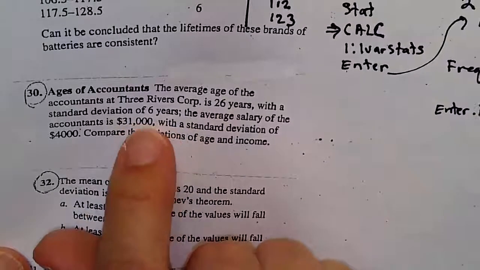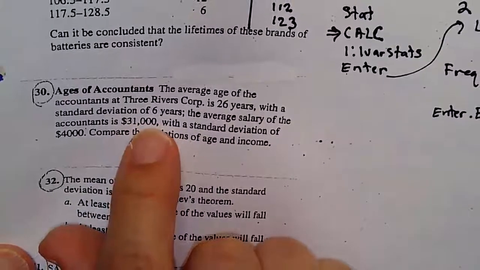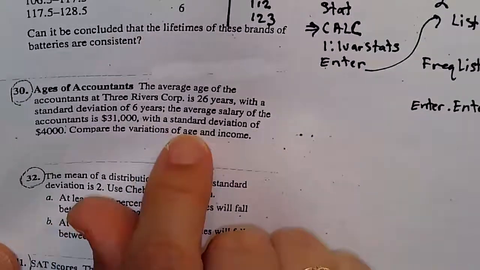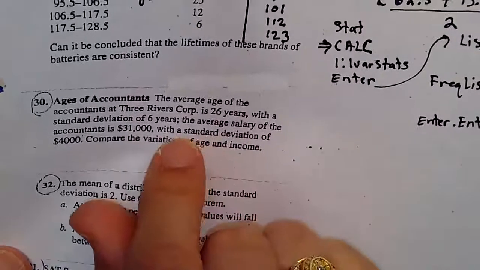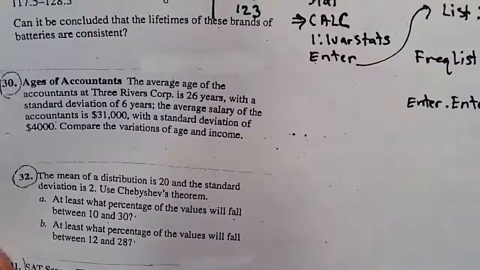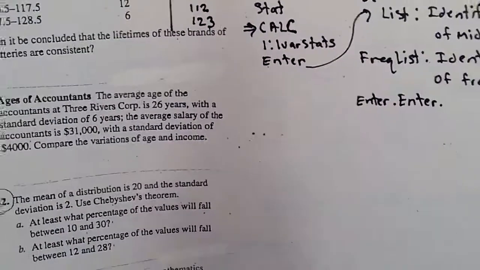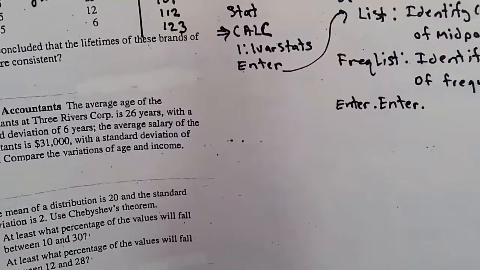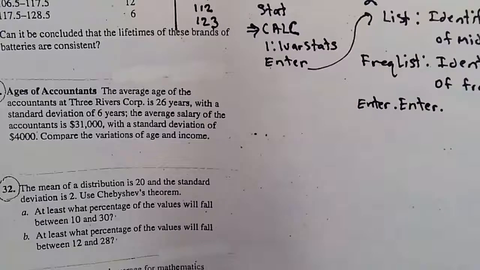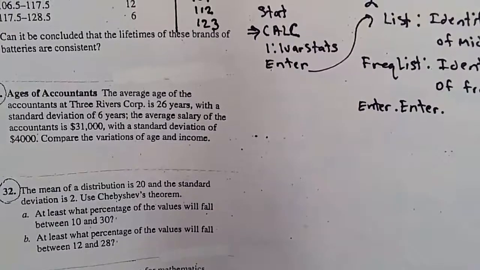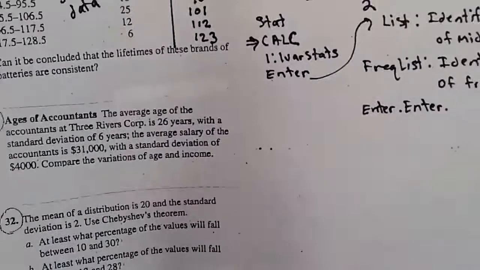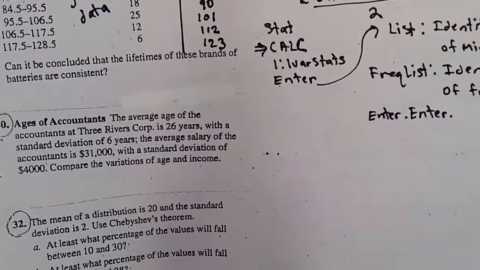And then here you have compare the variations of age and income. So it's age and income. Remember we said that it's usually used when you have different units. Let's see how they worded that. Go back to the previous page 74. Use CVAR to compare standard deviations when the units are different. The units are different. So we've got variations of age and income.